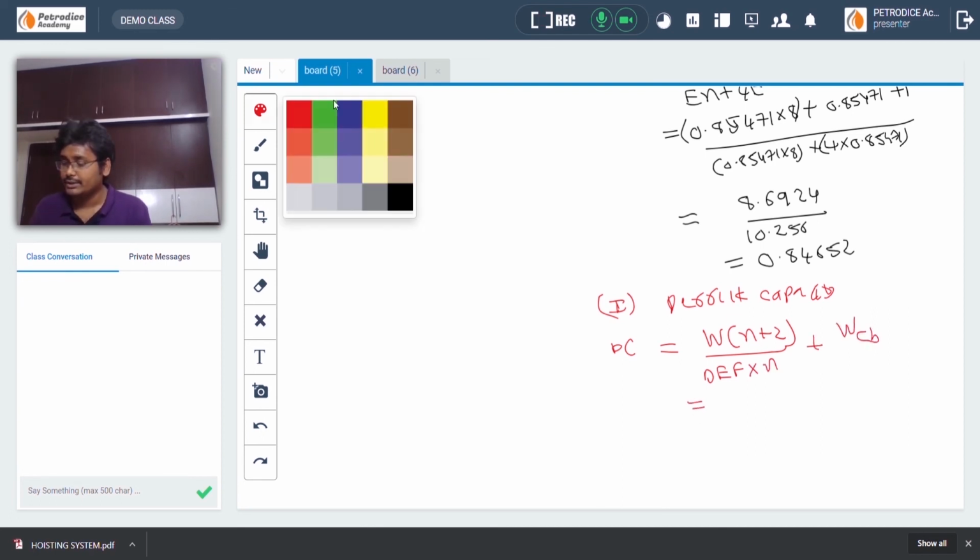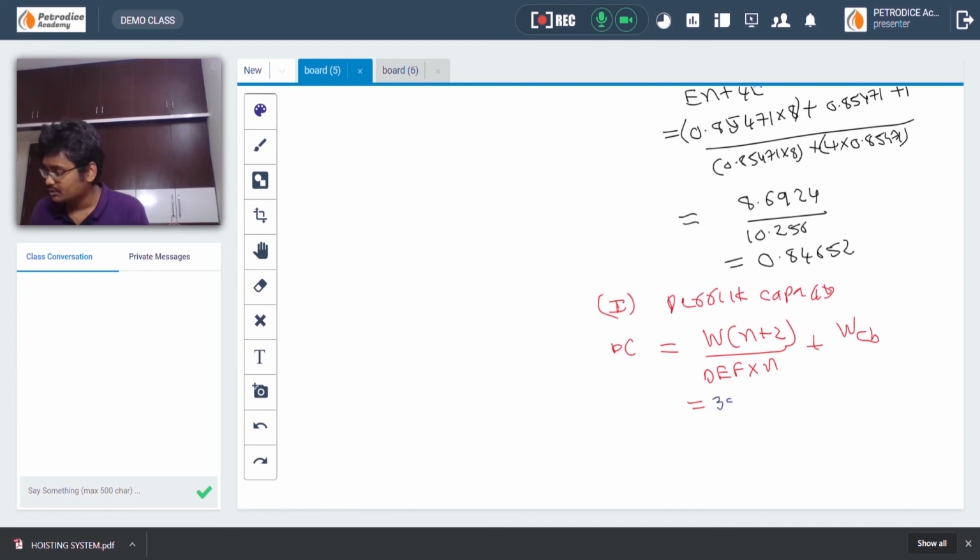W is given by 350,000, 8 plus 2, derrick efficiency factor is 0.84652 into 8, and weight of the crown block is 40,000.